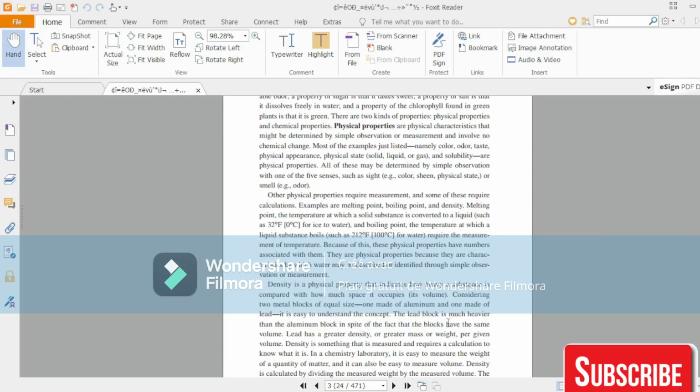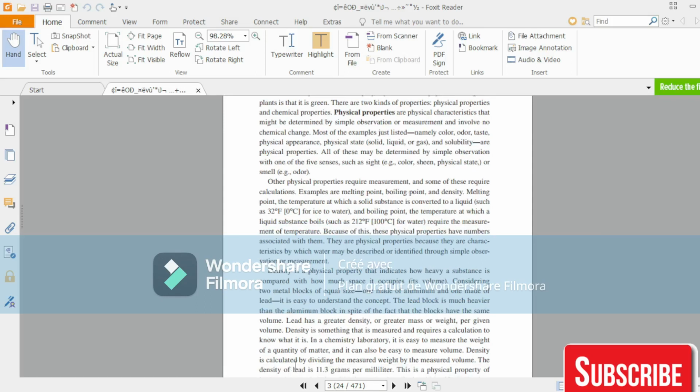The lead block is much heavier than the aluminium block, in spite of the fact that the blocks have the same volume. It has a greater density, or greater mass or weight for a given volume. Density is something that is measured and requires a calculation.